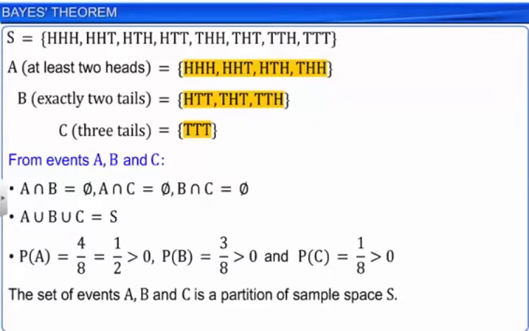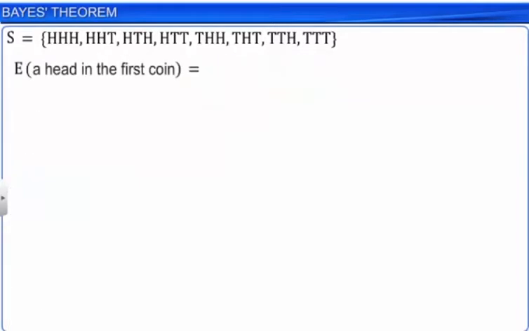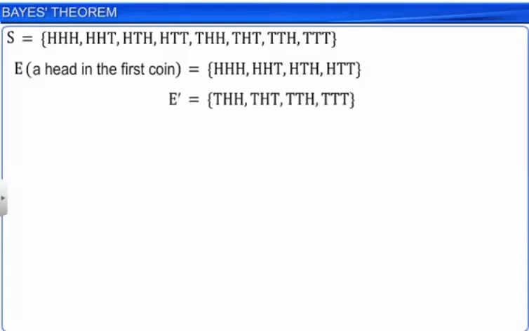Again, let's consider another event E of sample space S, defined as getting a head in the first coin. The complement of event E is E' as shown. We know that an event and its complement are always disjoint, and their union is equal to the same sample space.